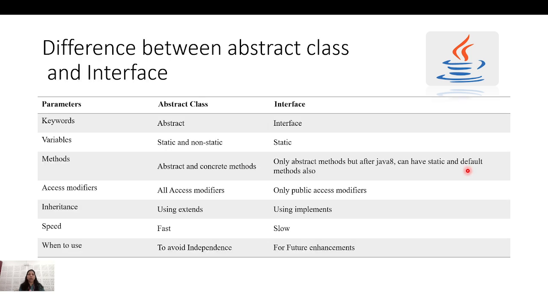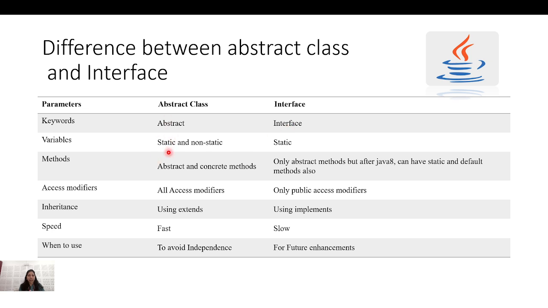As I am saying, interface is like an abstract class, but what are the exact differences between the abstract class and the interface? For an abstract class I use the abstract keyword; for the interface I use the interface keyword.